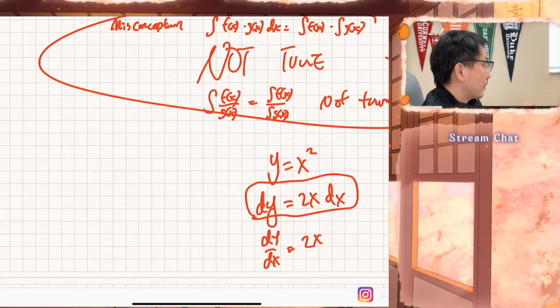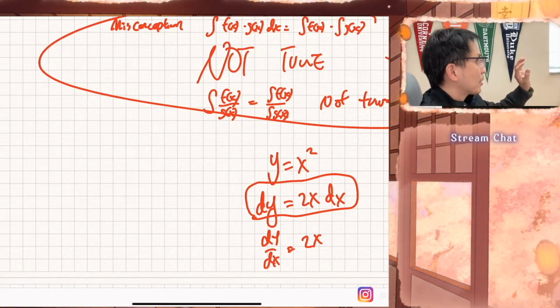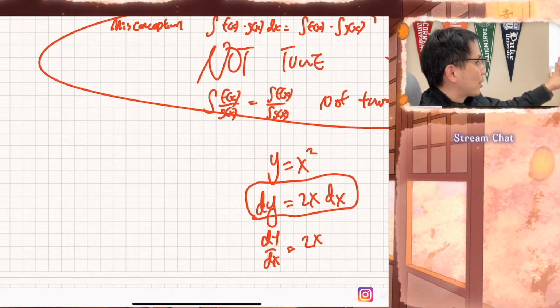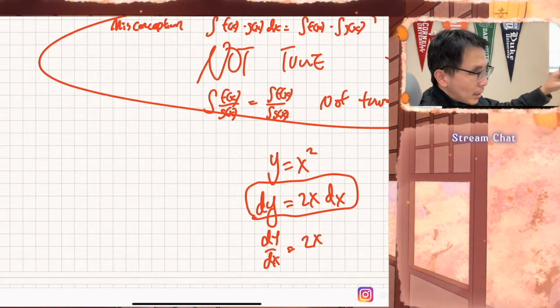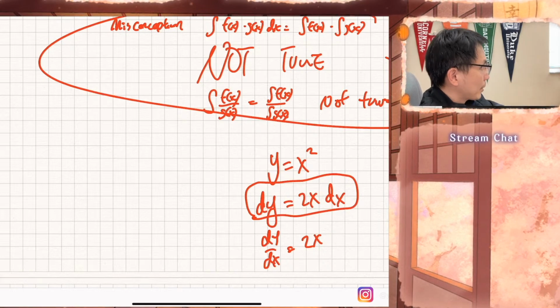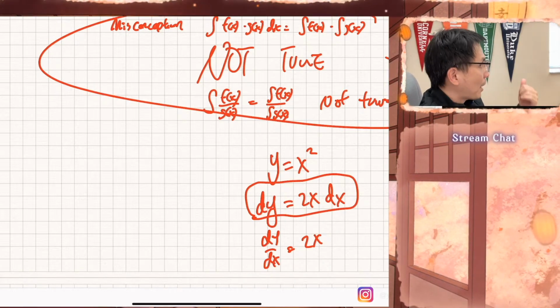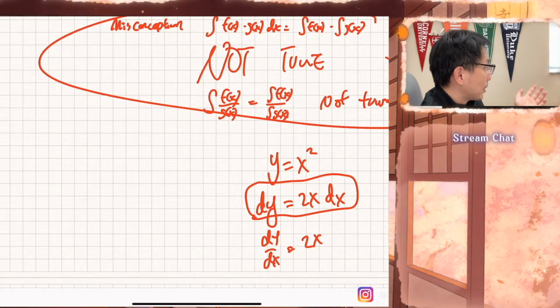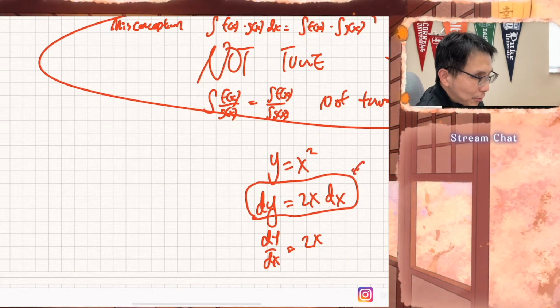This is not the derivative, it's the differential. If I take the differential of y, it gives you dy equal to 2x dx, since the derivative of x squared is 2x. If you divide both sides by dx, it's going to give you dy/dx equal to 2x. But this is called a differential.